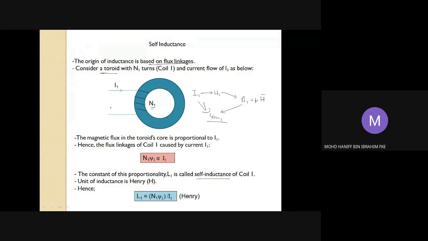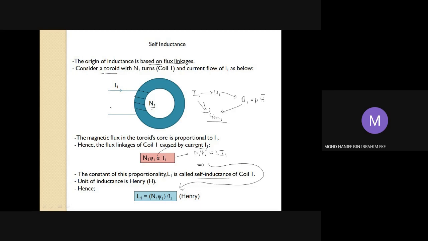So if I rephrase it based on this equation, I can write it in terms of N1 psi 1, and this will equal L I1. I just changed the proportional sign to the equal sign, and from here we have that the inductance L is equal to the flux produced divided by the current that produced the flux.